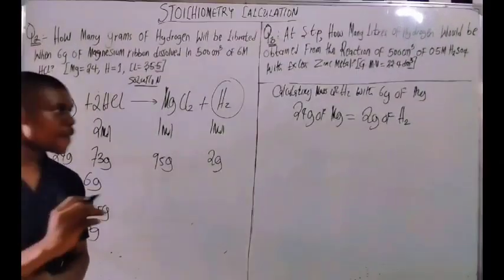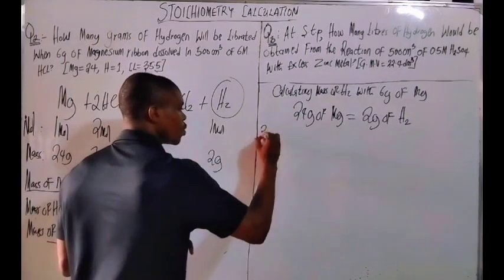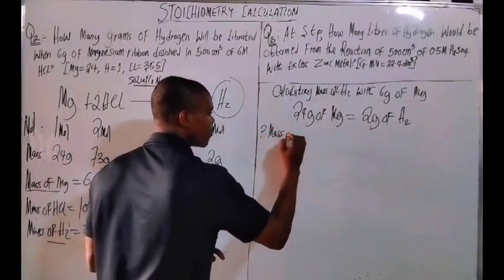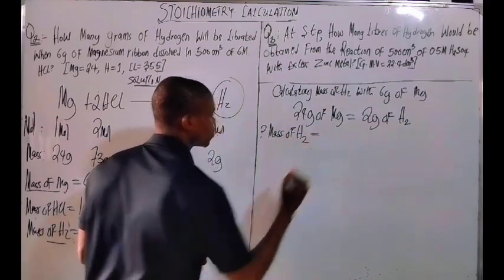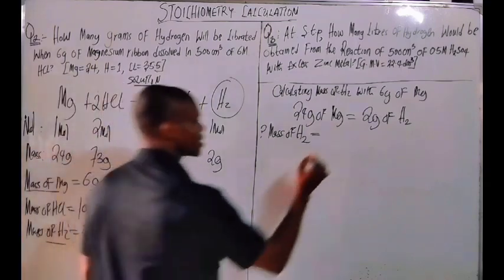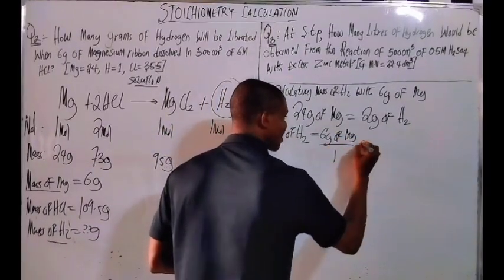As easy as that. So now remember in our calculation here, we want to get this one here. So it is going to be question mark, mass of H2 equals to. Now remember we are using 6 gram of magnesium. So it is going to be 6 gram of magnesium over 1 times.